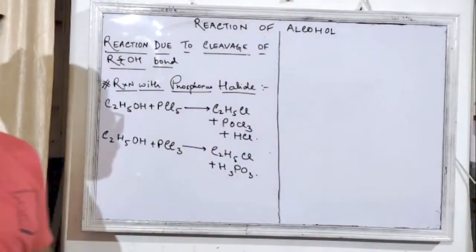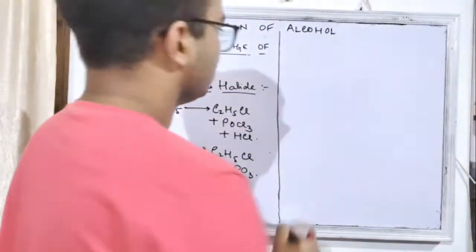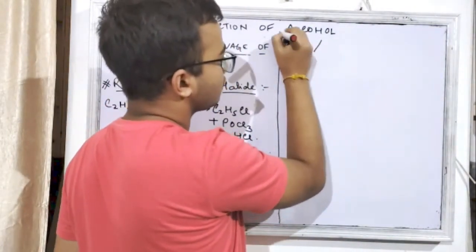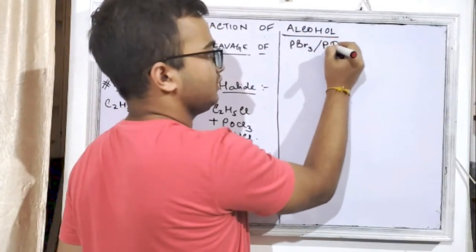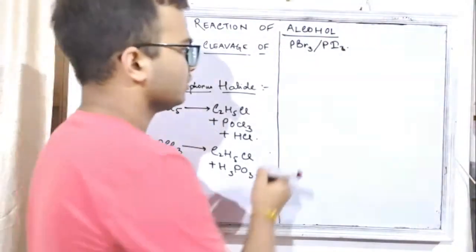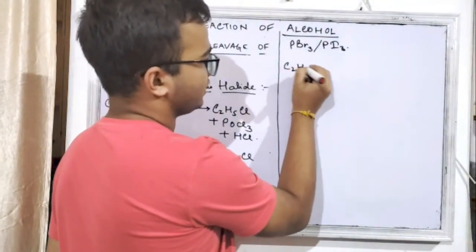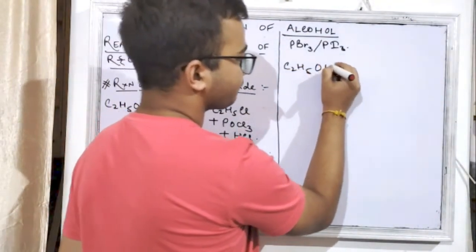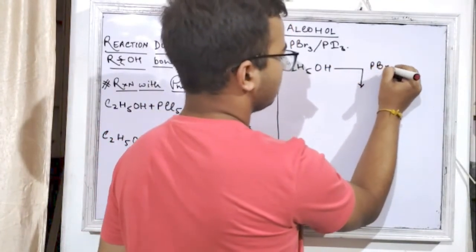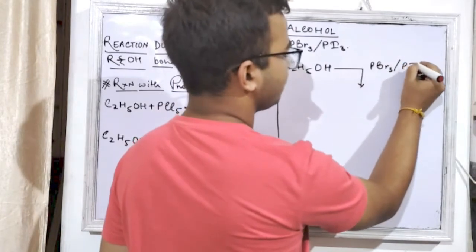Now, when it becomes bromine or iodine, if it is PBr3 or your PI3, then the reaction will be of a different type. So, if you see the example again, C2H5OH, and you take either PBr3, not both, or you take PI3.